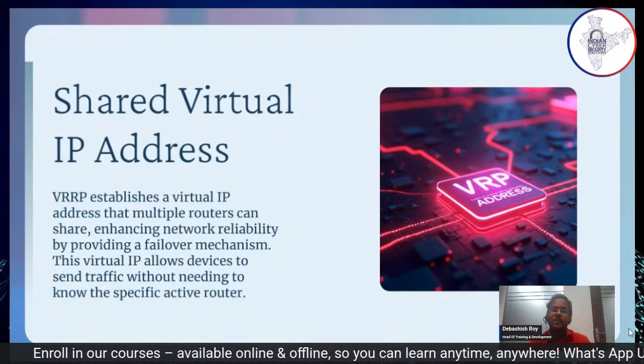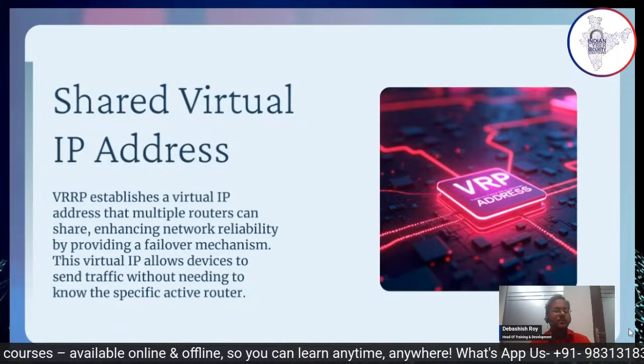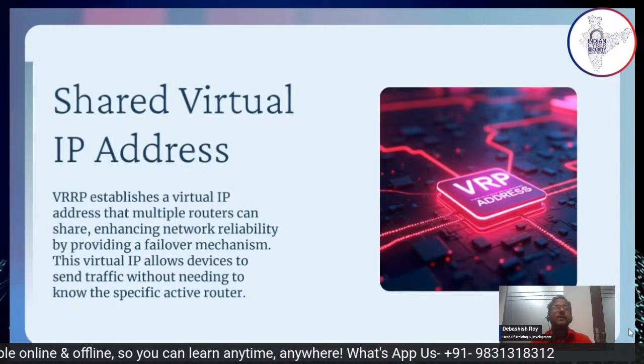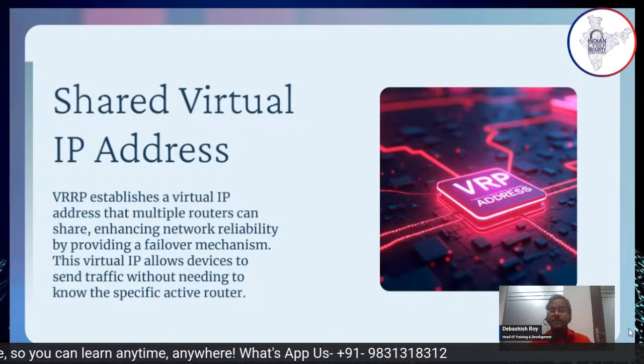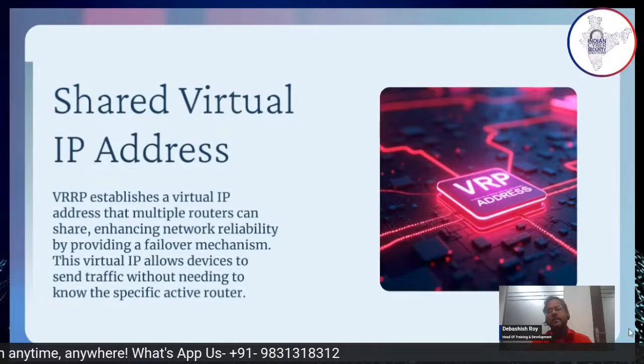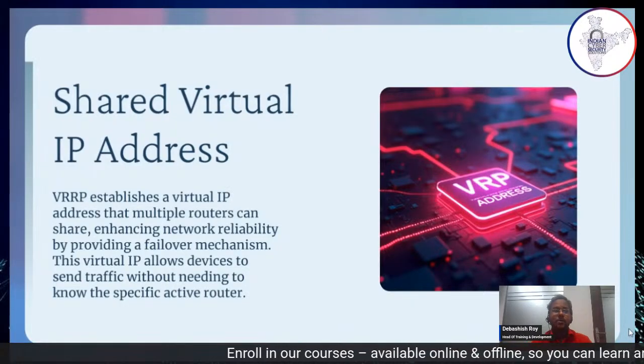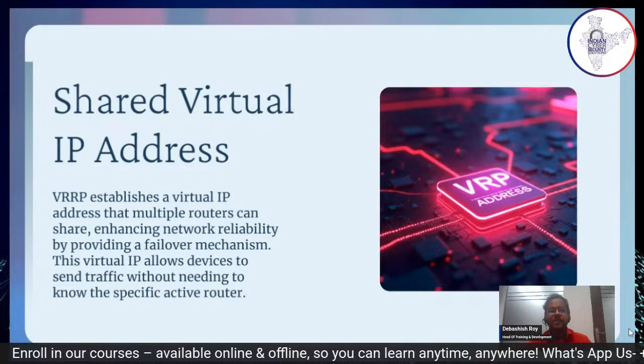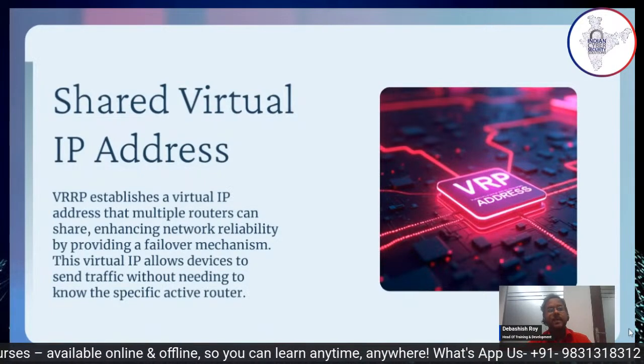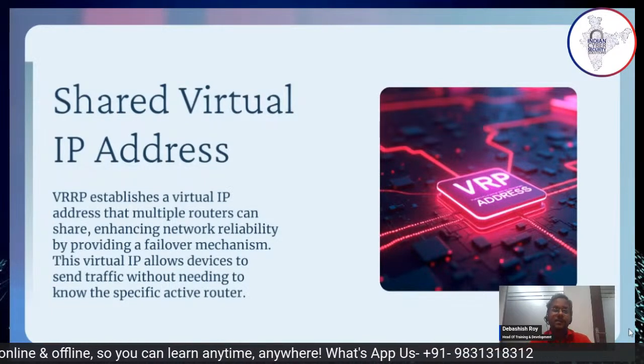This virtual IP allows devices to send traffic without needing to know the specific active router. There is a component that is the active router in HSRP, and another component known as the standby router. Who is the active and who is the standby is not known to other devices, and how it is elected is also not known, but we can redirect the traffic to the single shared IP.